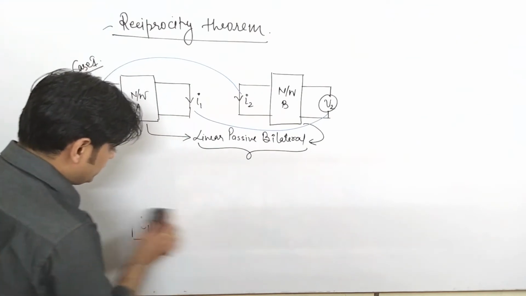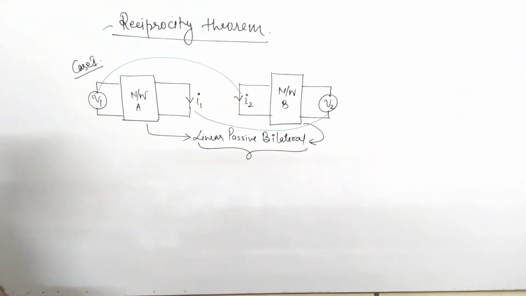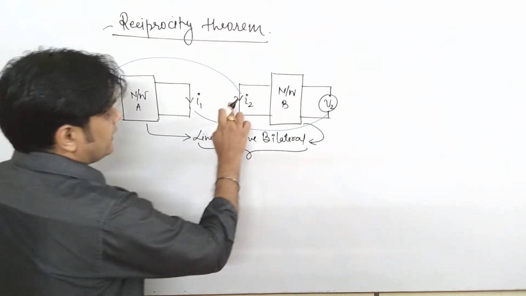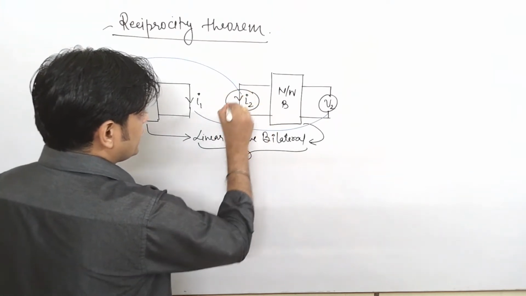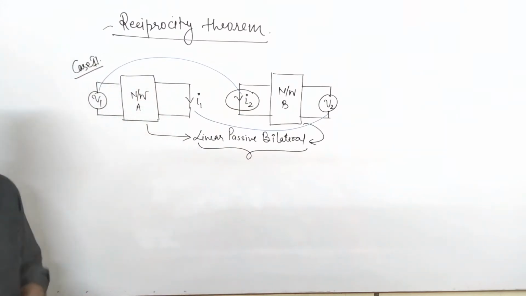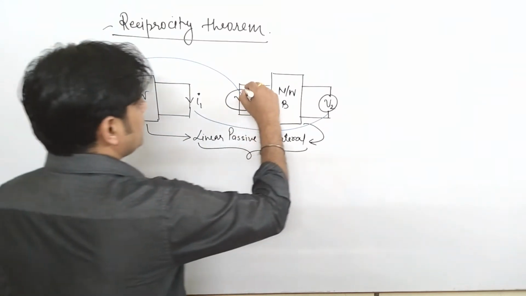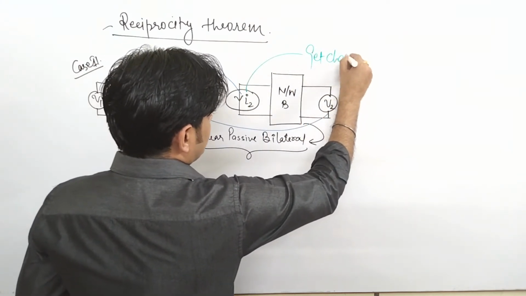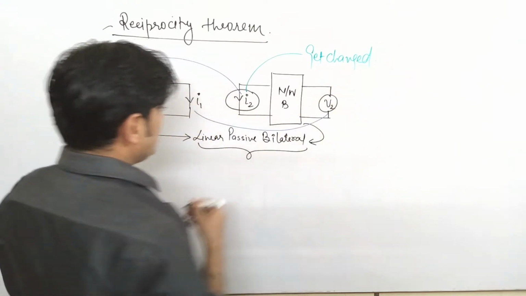If we talk about case 2, now try to understand case 2. In case 2, if I change this direction, now please see, I am going to change this direction. I just changed this direction.